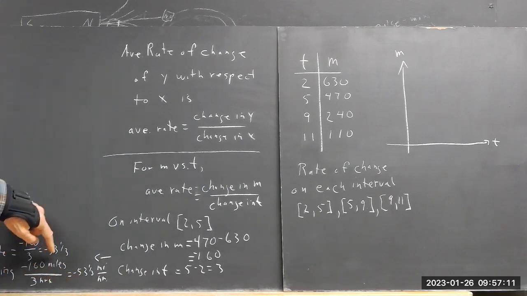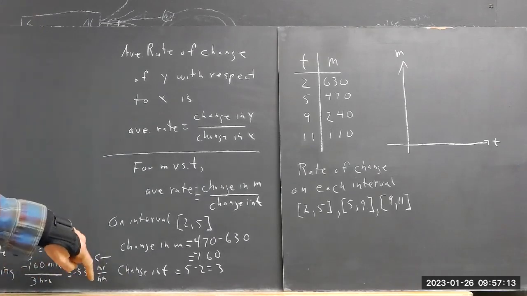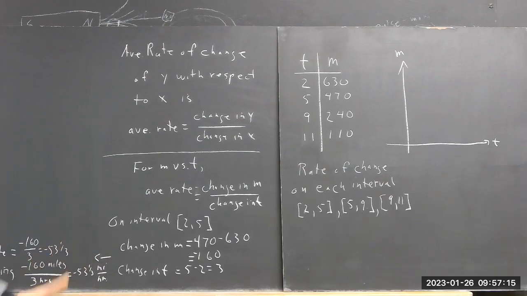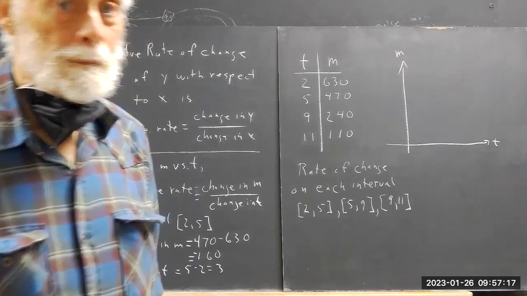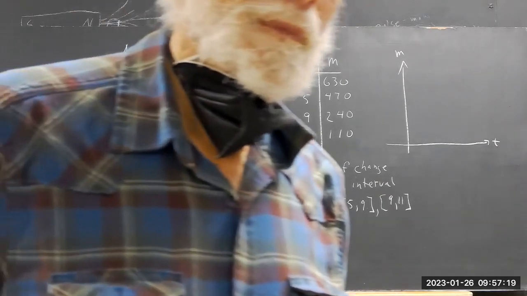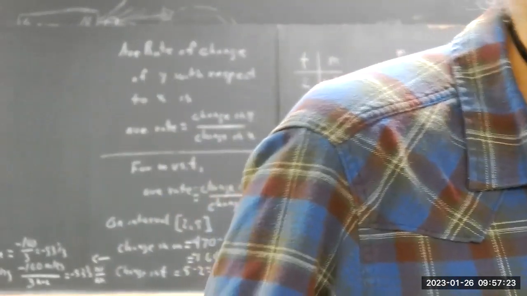Negative 53 1/3 miles over hours, meaning miles per hour. That's how fast you're going. Is that reasonable? Now, if you're on an interstate, you're probably driving faster than that if you want to stay alive.